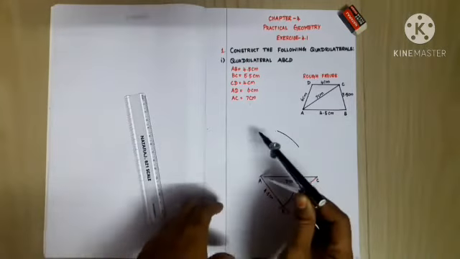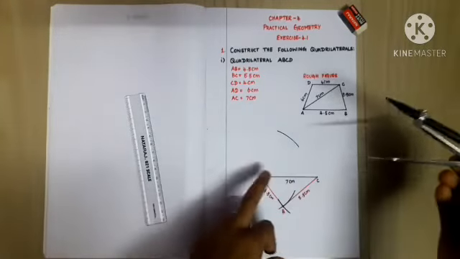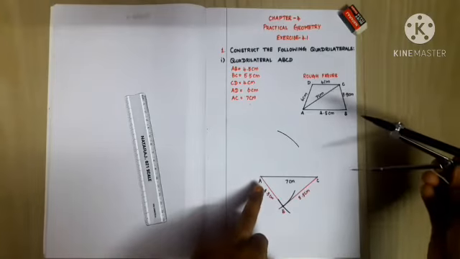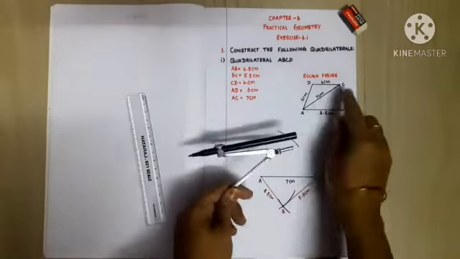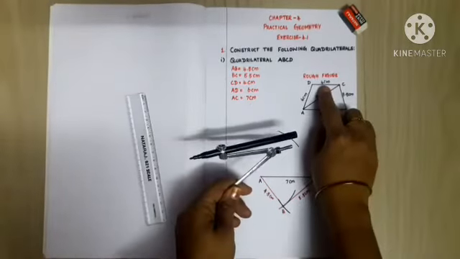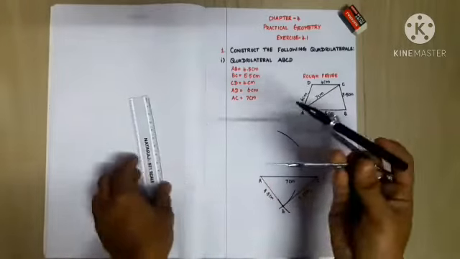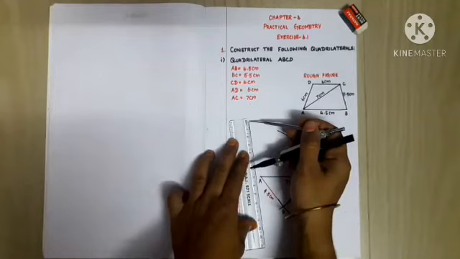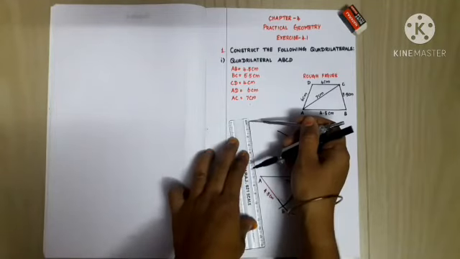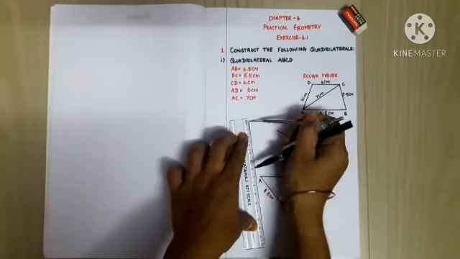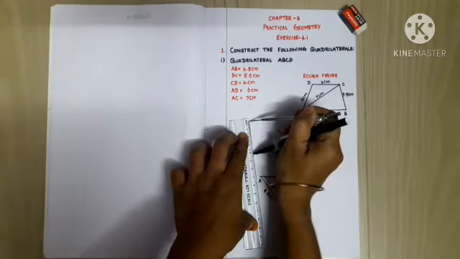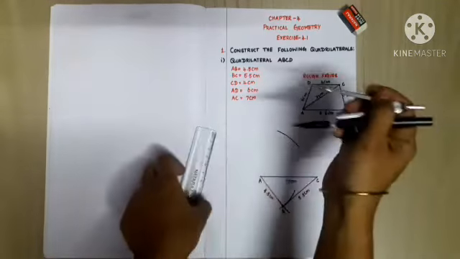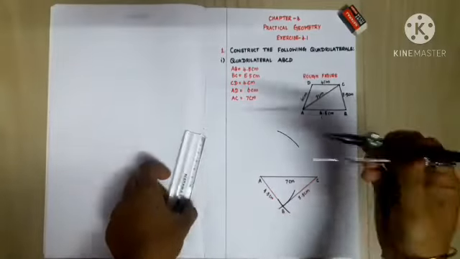Now C to D I am having 4 centimeter. So again I have to take the measurement of 4 centimeter in the compass, so fix the needle at 0 and extend the pencil tip till 4 centimeter. Now I am having the measurement of 4 centimeter in the compass.